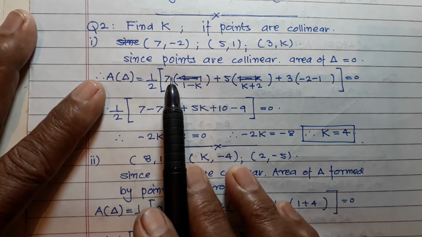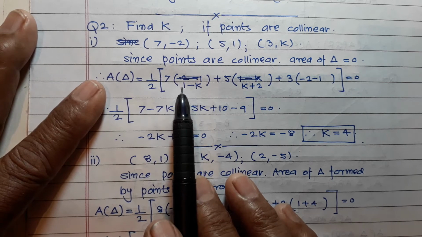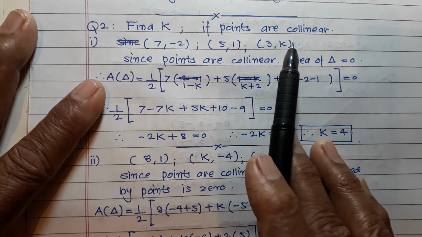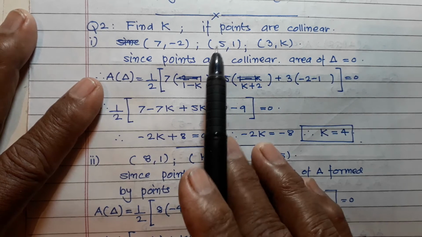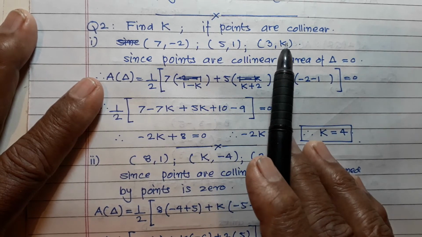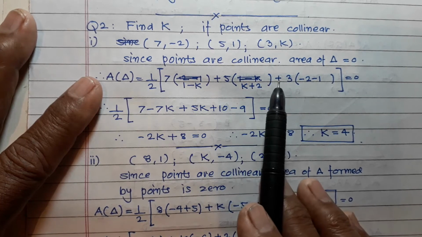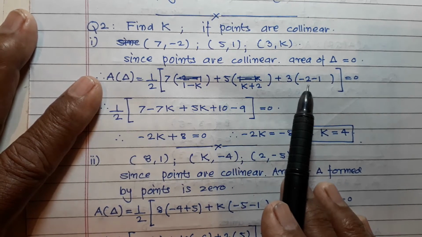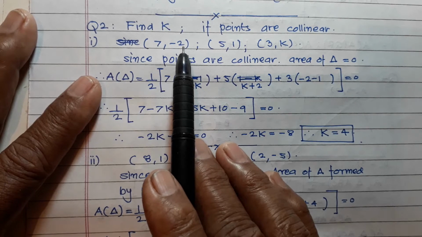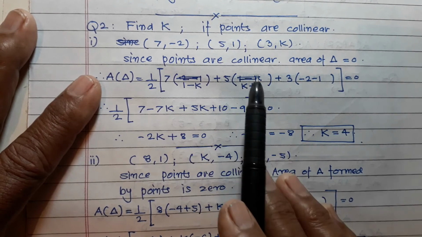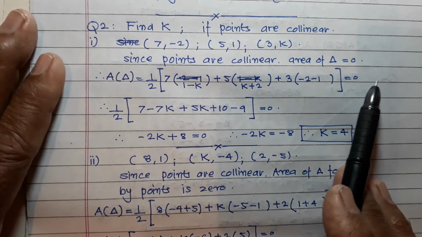2, 7 into bracket 1 minus k, plus 5 into bracket k minus 2, that is plus 2, plus 3 into bracket minus 2 minus 1, is equal to 0.